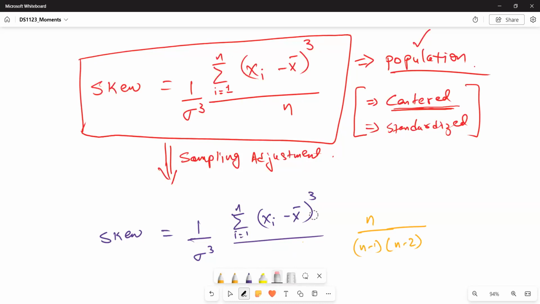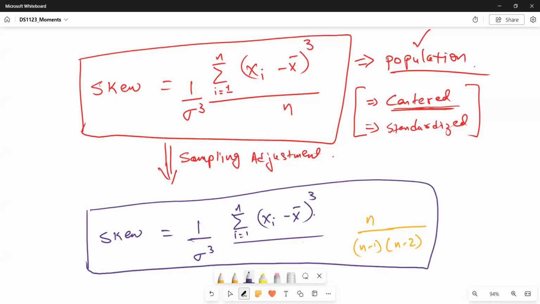And this is how the formula is adjusted with sampling adjustments. This becomes the formula for samples. And this formula is again centered. This is standardized. And this is along with the sampling adjustment. Hence, it becomes the formula for samples. And this is the formula that you're going to use whenever you're expected to calculate skewness of the data.